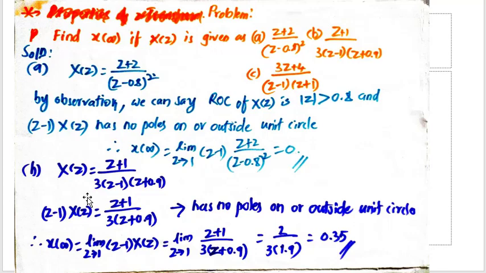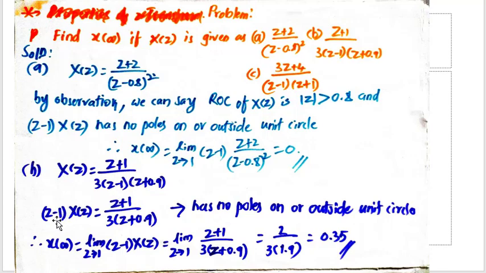Next, the second part of the question: X of z is z plus 1 upon 3 into z minus 1 into z plus 0.9. Now we have the term z minus 1 in the denominator, which I will take to the left hand side.